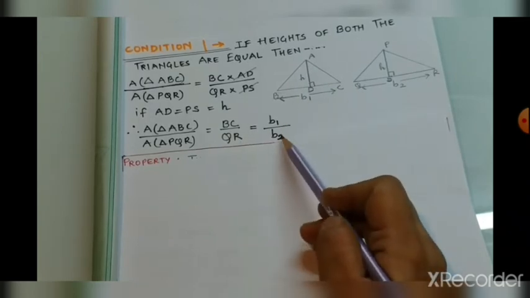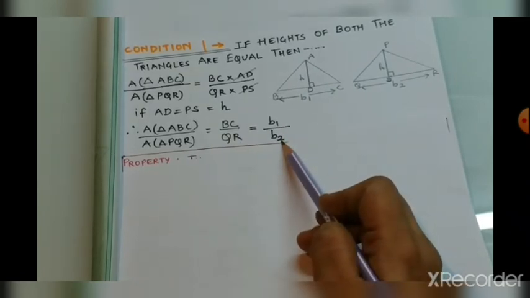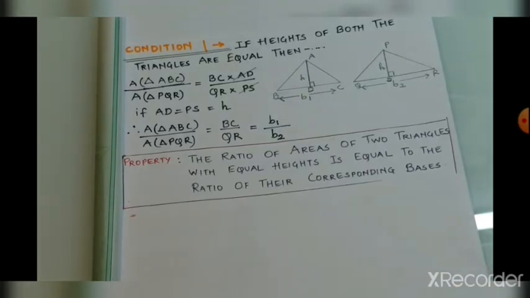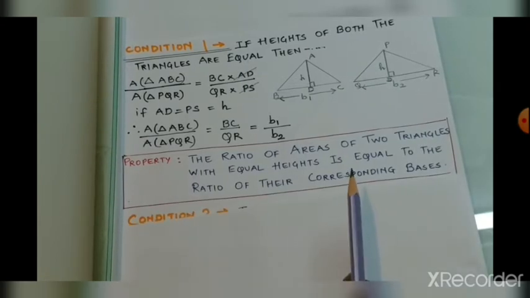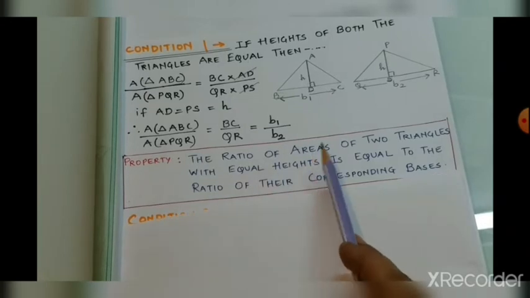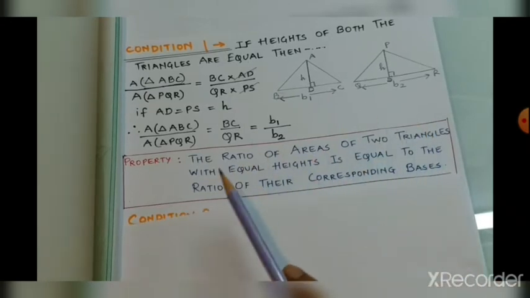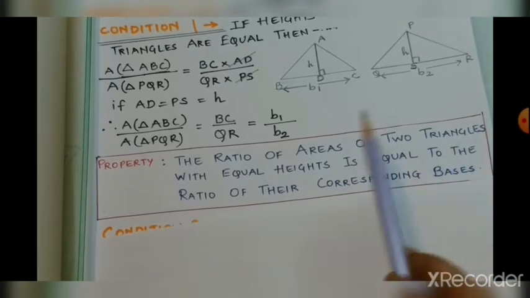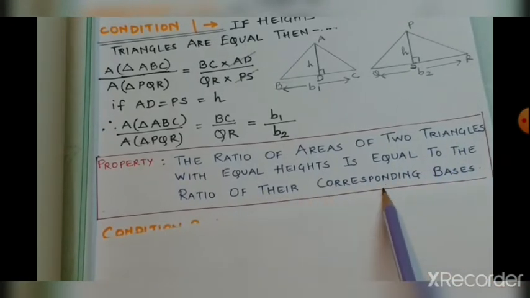BC we have taken as B1 and QR we have taken as B2. So from this first condition, what we get is the second property, that is the ratio of the areas of two triangles with equal heights is equal to the ratio of their corresponding bases.